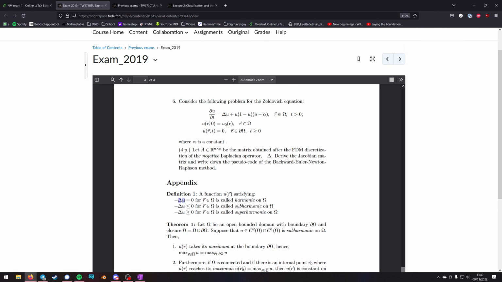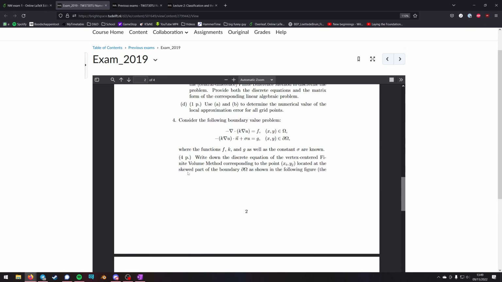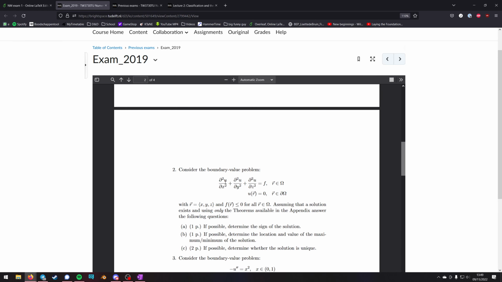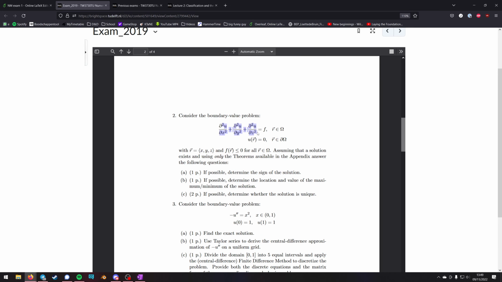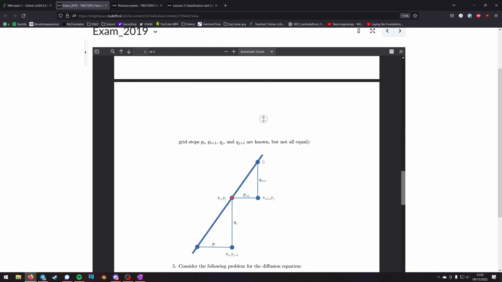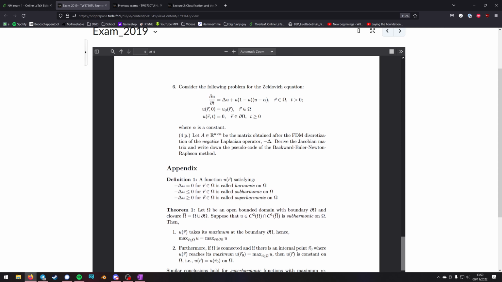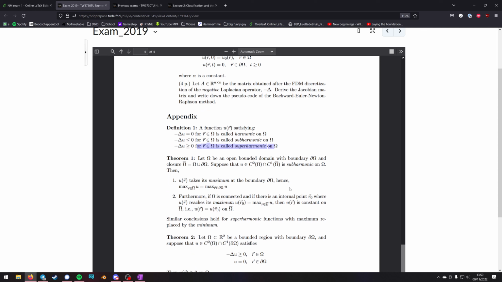Because I believe that nabla, or no, this is delta, this is nabla squared. So it's this. Plus nabla squared u equals... So then if we have negative f, since f is everywhere negative, negative f becomes everywhere positive. So it is superharmonic, right? I guess, yeah. I agree. Yeah. Okay. So if it is superharmonic, its max or its minimum is at the boundary.